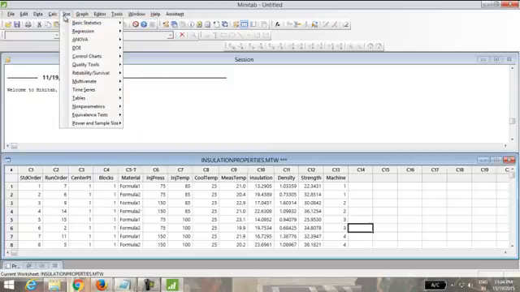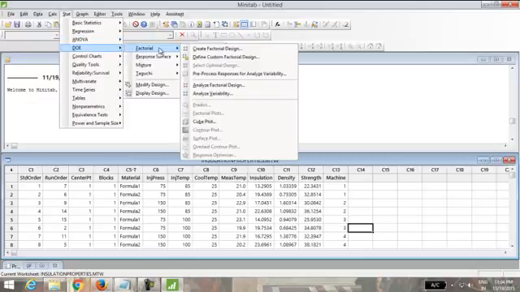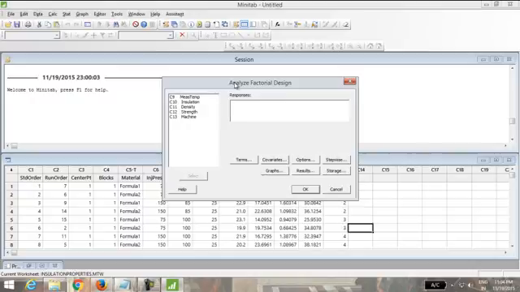So again we have to go to Stat, Design of Experiments, Factorial, and then Analyze Factorial Design. What are the responses? Let us see this. The responses are these three: density, strength, and the insulation.